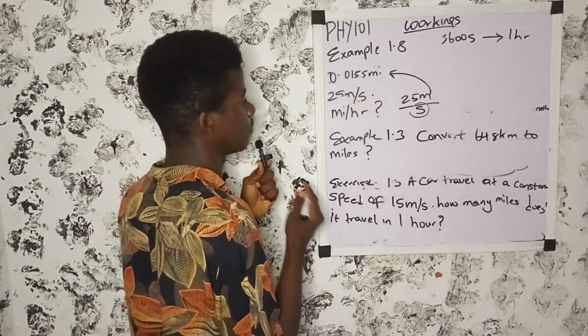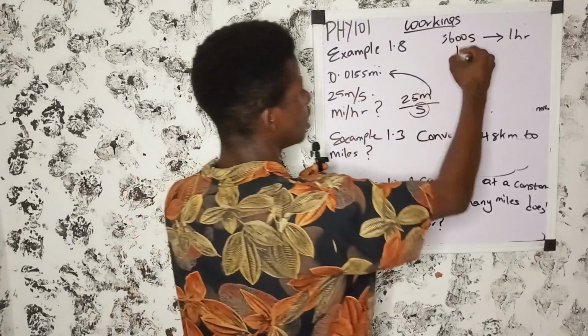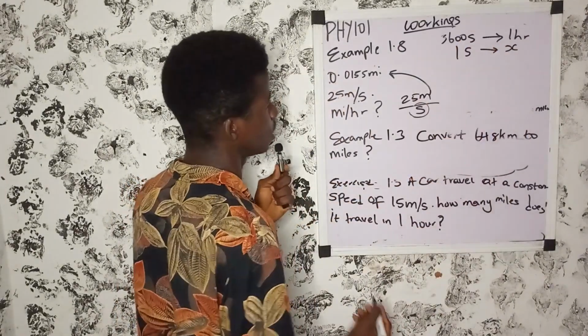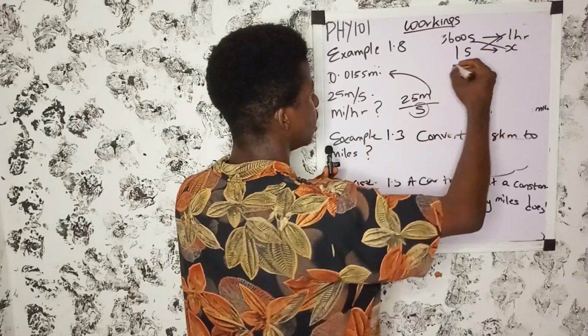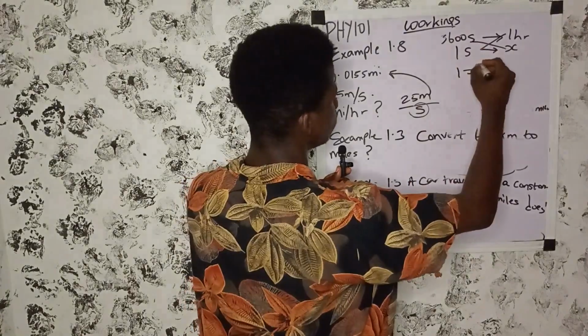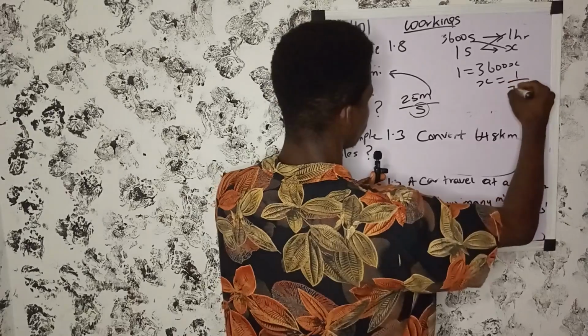So if 1 second will be equal to x hours, cross multiply: 1 times 1 still gives us 1, and x times 3,600 gives us 3,600x. Divide both sides by 3,600.